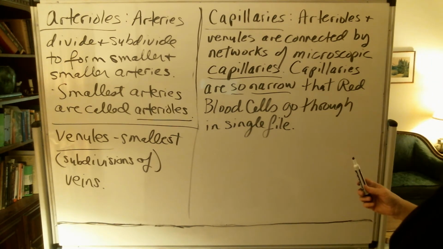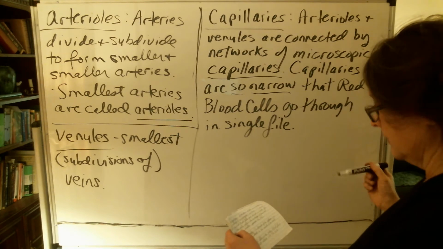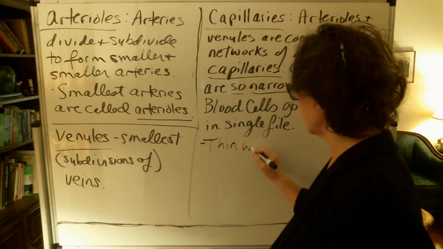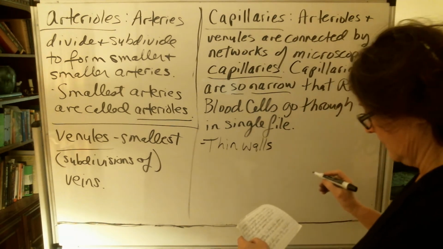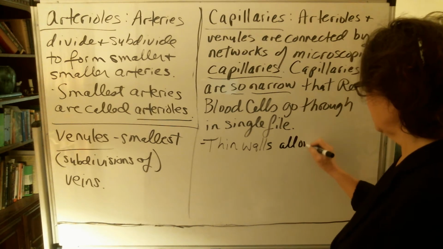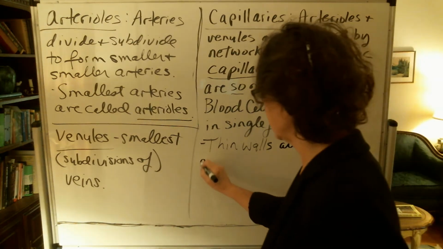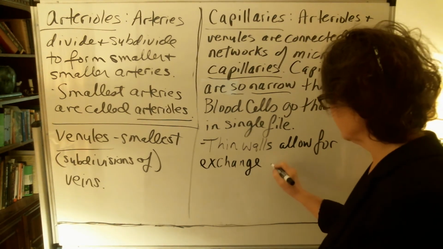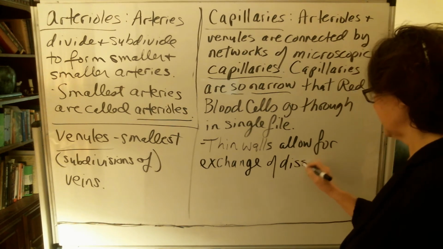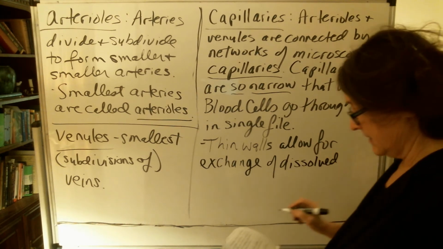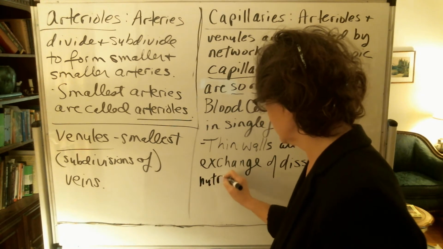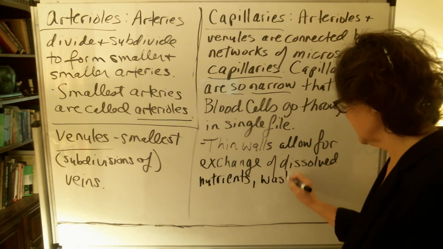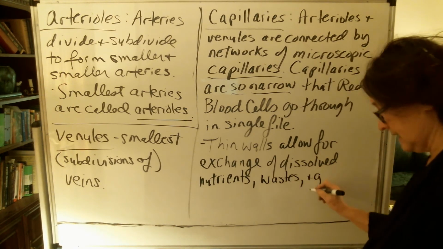So as I said, the red blood cells pass through the capillaries in single file, and the thin walls of the capillaries then allow for the exchange of dissolved nutrients, wastes, and gases.